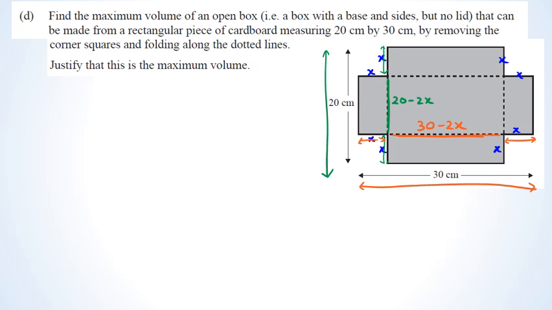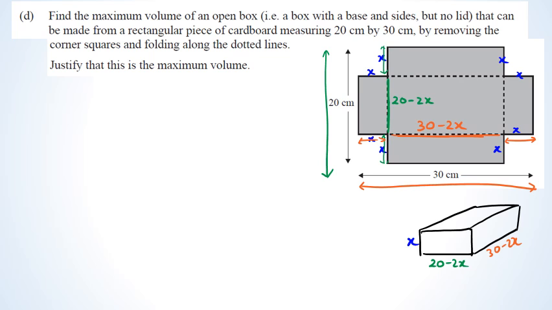So if you think about this as a cuboid, then the shape is going to look something like this, where the height of this cuboid is going to be x. Then one of the sides is going to be 20 minus 2x, and one of the other sides is going to be 30 minus 2x.